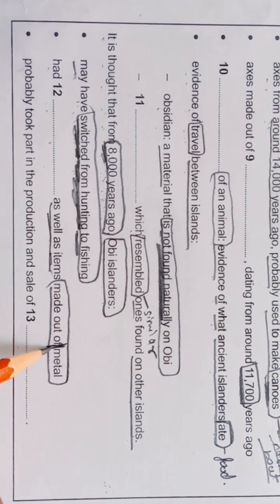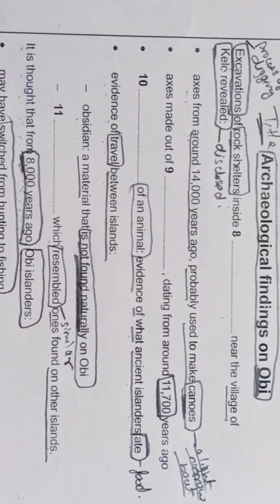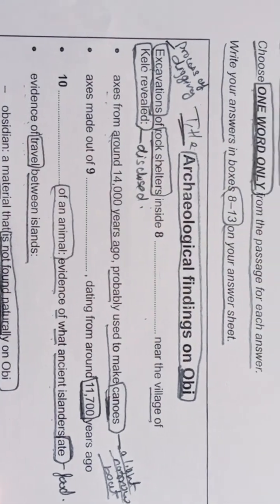Here they are talking about some metal, we have to look for this. Probably took part in the production and sale of dash. With this we have marked our keywords and completed the notes.